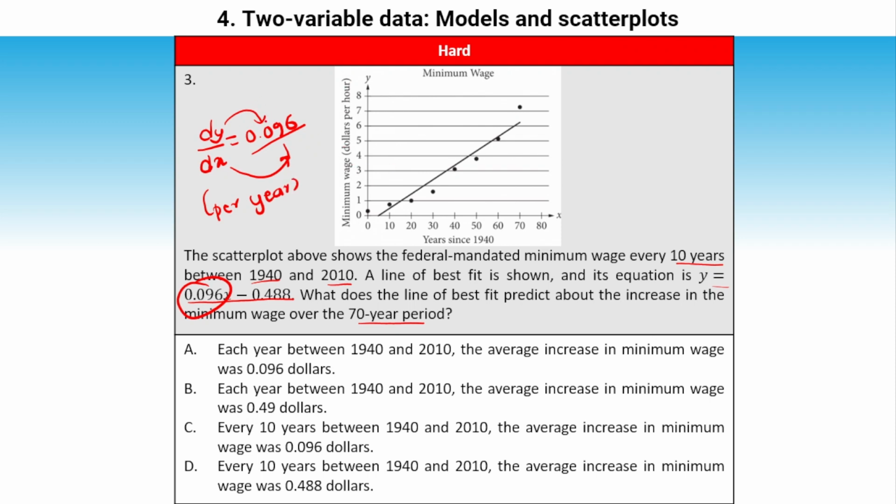So per year the minimum wage, in dollars per hour, will increase by 0.096. The slope also gives the average change, so the average increase in minimum wage between each year was $0.096, that is correct. The other option is not the slope, not in 10 years. So that is our answer A.